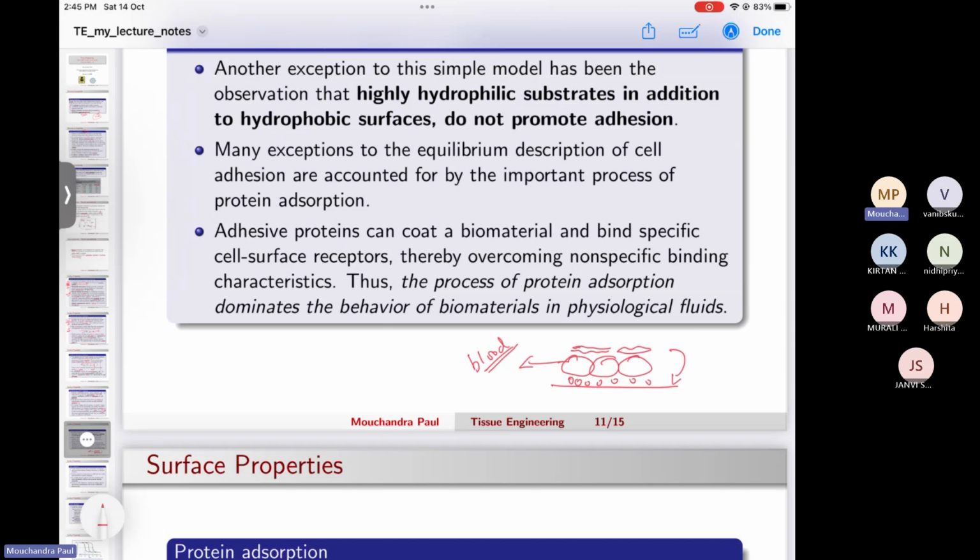Correct? So the process of protein adsorption dominates how the material is going to behave for a particular physiological application.